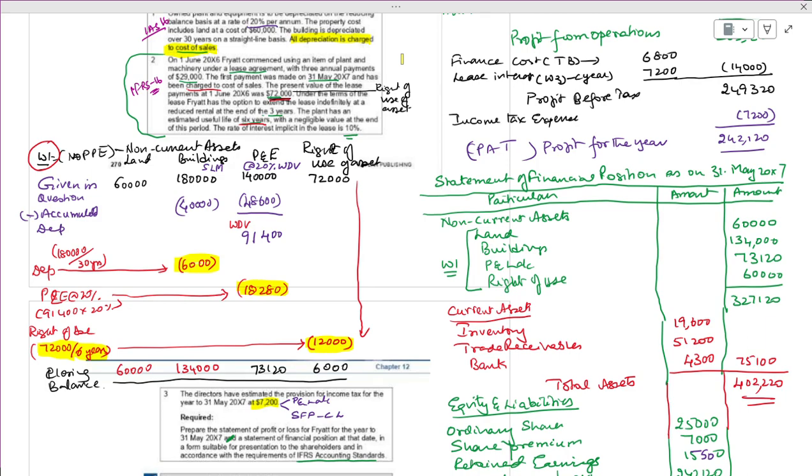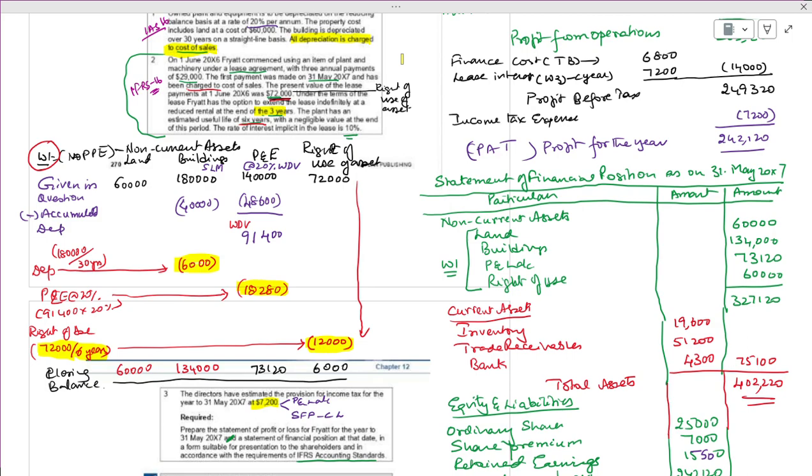Why are we taking 6 years? They have the option to extend the lease indefinitely at a reduced renting rate at the end of 3 years. They said there is a condition that you can extend for an indefinite life. The maximum life is how much?